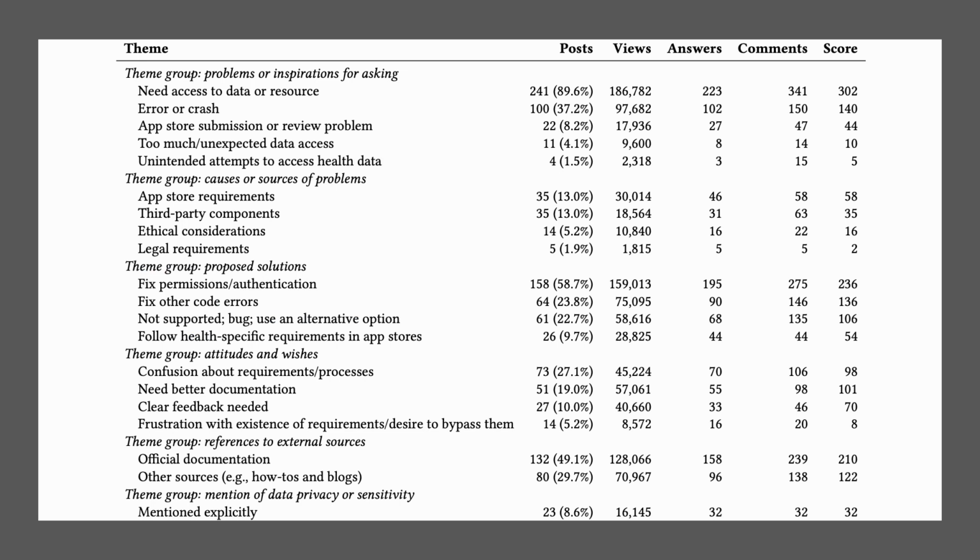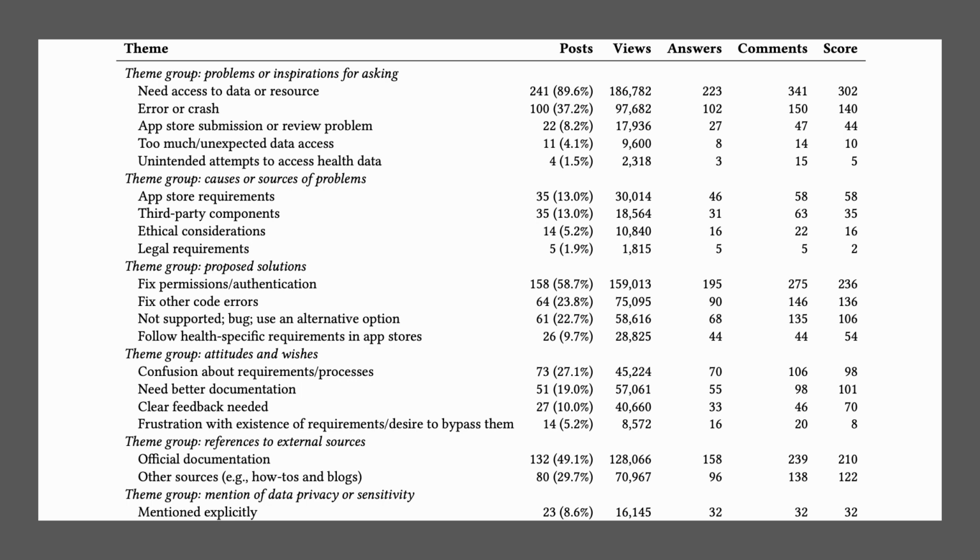Here's a table from our qualitative analysis. As you can see, this is a huge table, so I'm not going to go through all of it for this talk. Instead, it's just going to give you some ideas about what kinds of themes we found through our analysis.